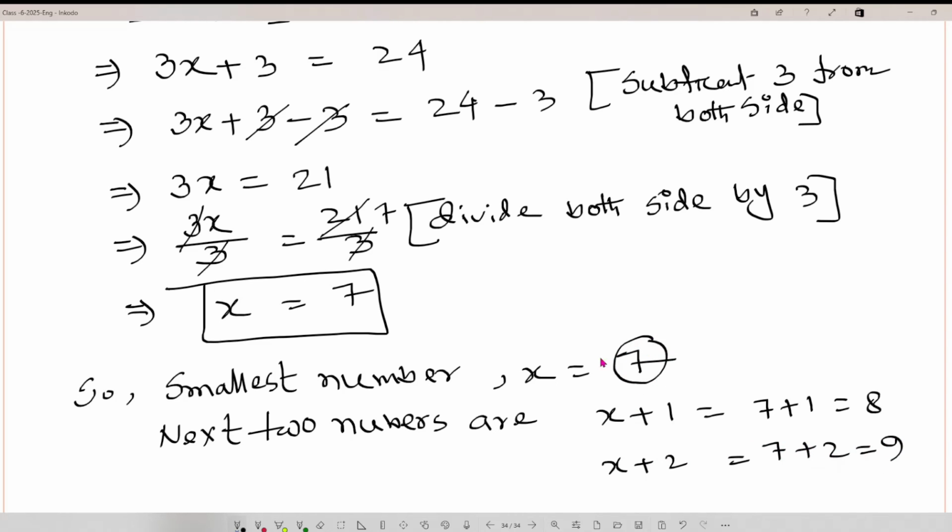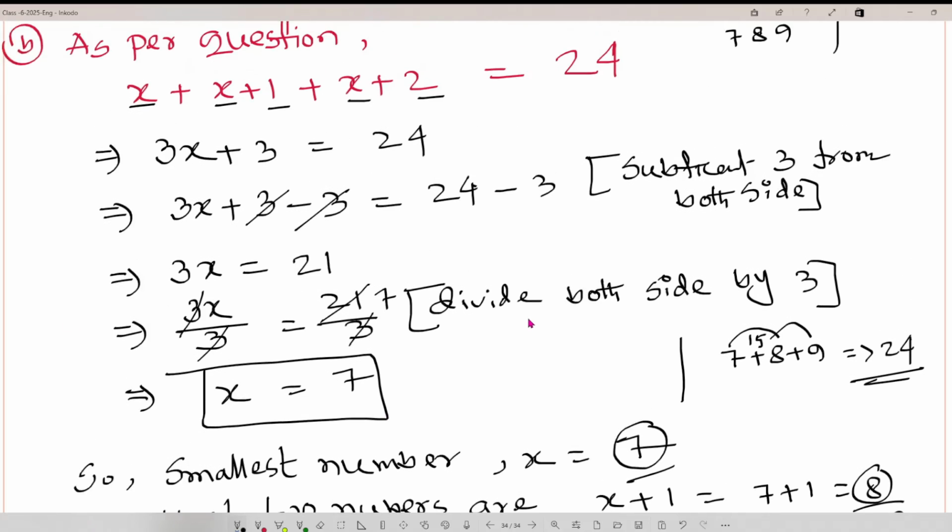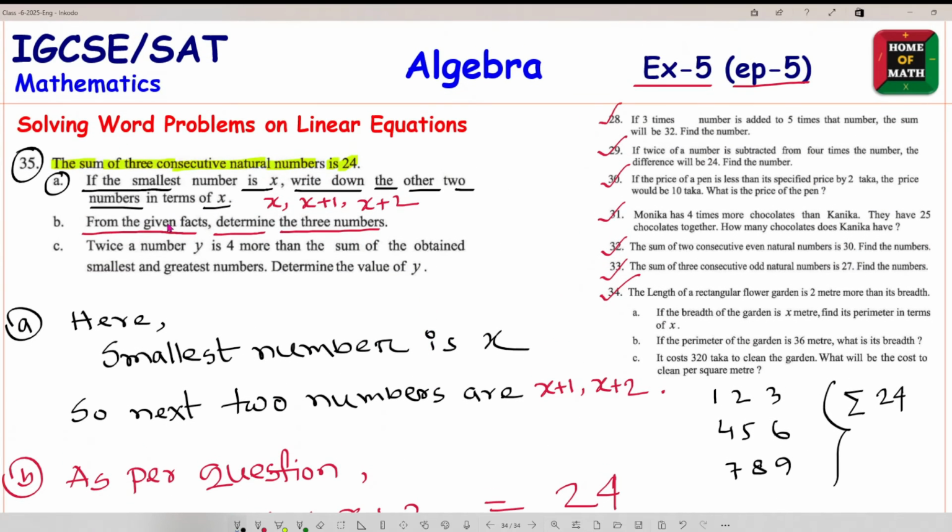So look, 7, 8, 9. Now let's check 7 plus 8 plus 9. 7 plus 8 is what? 15, and 15 plus 9 is 24. So our numbers are absolutely right. So here from the given facts, determine the three numbers. Numbers are 7, 8, 9. So number B done. Now number C.